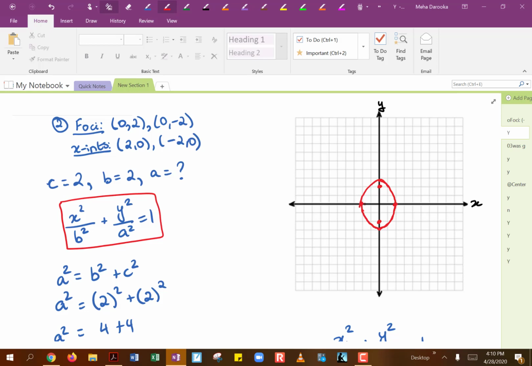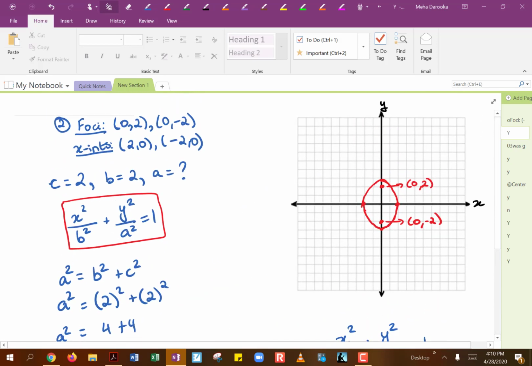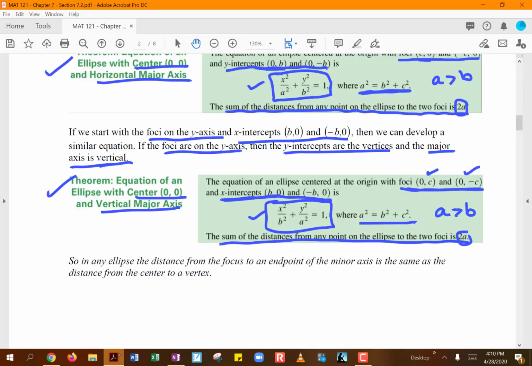So because the vertical major axis has to be the longer one. And again, our foci are going to be at 0, 2 and 0, negative 2. And there you go. So this is our equation and the graph for our vertical major axis for an ellipse.